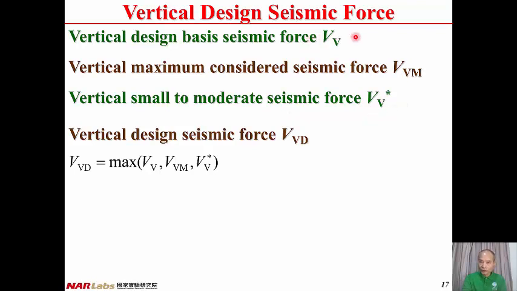Once we have all these three seismic forces, pick up the maximum one and assign it to be the vertical design seismic force VVD. Therefore, VVD equals the maximum of VV, VVM, and VV star. The vertical design seismic force is the maximum of design basis seismic force, maximum considered seismic force, and small to moderate seismic force.